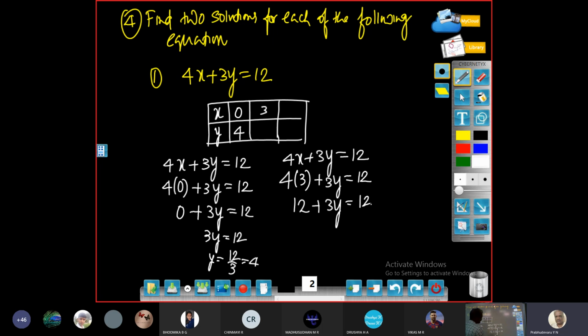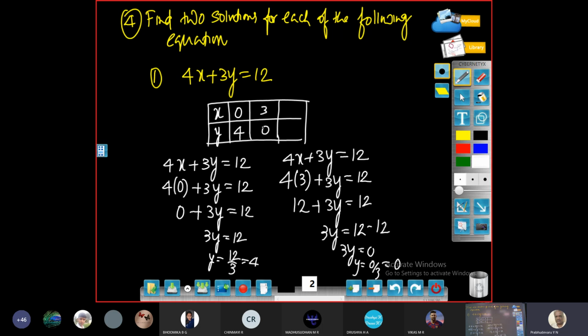Transfer 12 to the right side. 3y is equal to 12 minus 12. Plus 12 when you transfer becomes minus 12. So 3y is equal to 0. Y is equal to 0 by 3, and 0 by 3 is nothing but 0. So once you substitute the value of x as 3, what is the value of y we got? Sir, 0. So you got these 2 solutions here, isn't it?